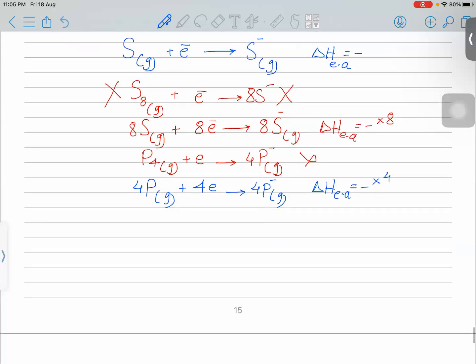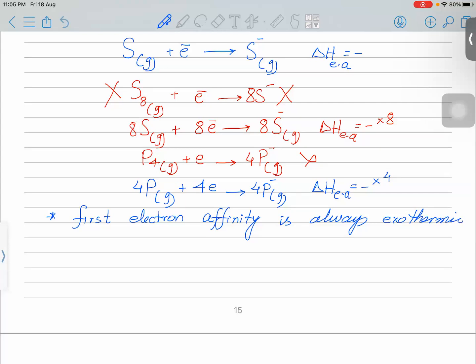Now, next point. First electron affinity is always exothermic. Can you tell me why?